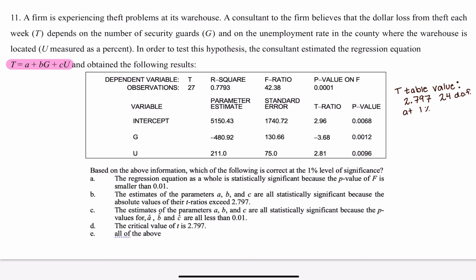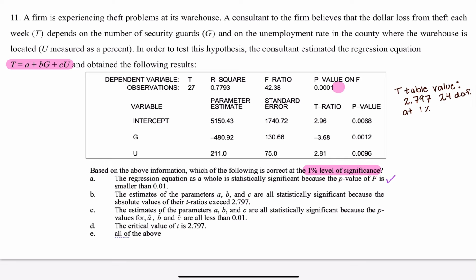So first answer choice, we're trying to see what's correct at the 1% level of significance. And we know this is our T-table value. So the regression equation as a whole is statistically significant because the p-value of F is smaller than 0.01. That's true. You don't even have to actually look up the F-table if you don't want to.